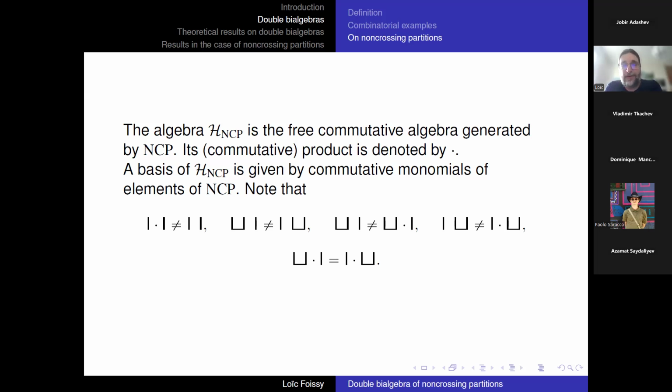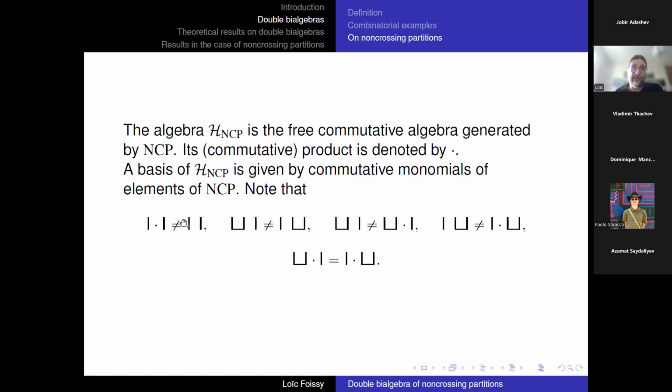So there is a technical difficulty because you have some notation like this. This is a non-crossing partition of size 2 with 2 blocks of size 1. But this is not a product. And if you don't want to confound them with a product, you have to denote the product by a dot like this. So this is a non-crossing partition. This is not a non-crossing partition. This is a product, a commutative product of 2 non-crossing partitions of size 1.